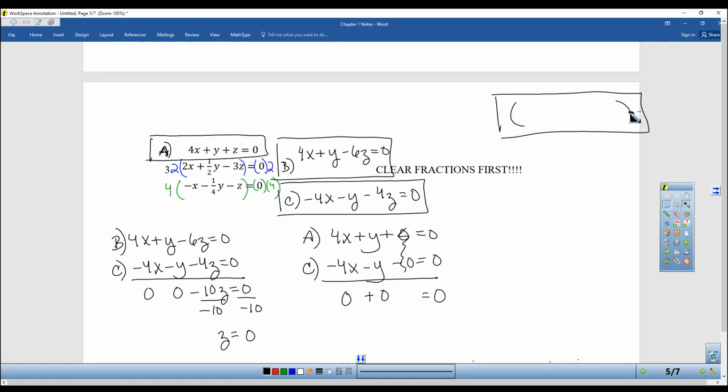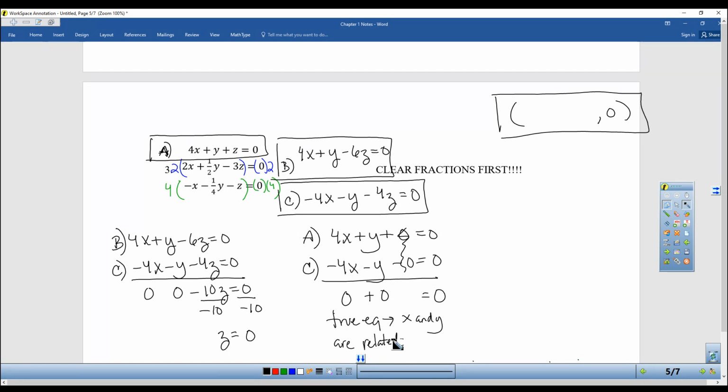The answer is definitely going to have z be 0. But since I got a true equation, that indicates that x and y are related somehow, but don't have actual answers. They're related somehow, but they don't have answers. So I need to make that relationship.